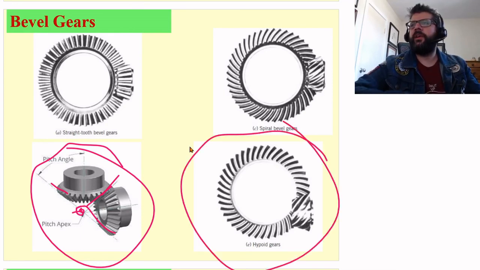I also got hypoid gears. Again, a good video will be thrown in Moodle to show you there. These ones can actually allow for rotation of one of the gears about the axis of the other.